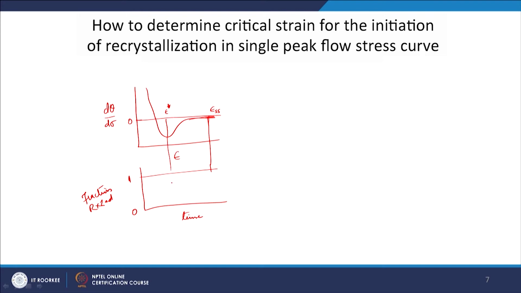It will start something like this and complete something like this. So, this is a typical S shaped curve for the kinetics, and I will also be able to find out the kinetics of the recrystallization process. This is what I have already discussed with you.